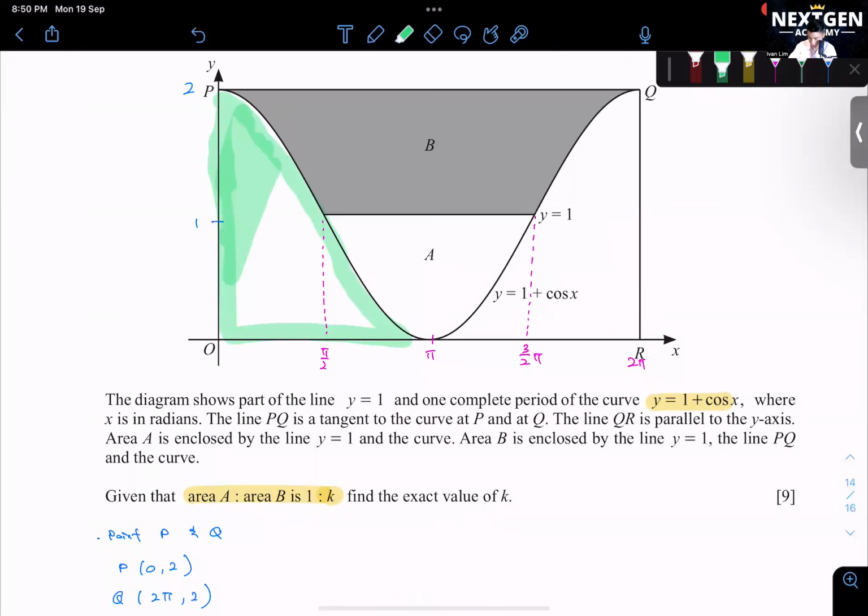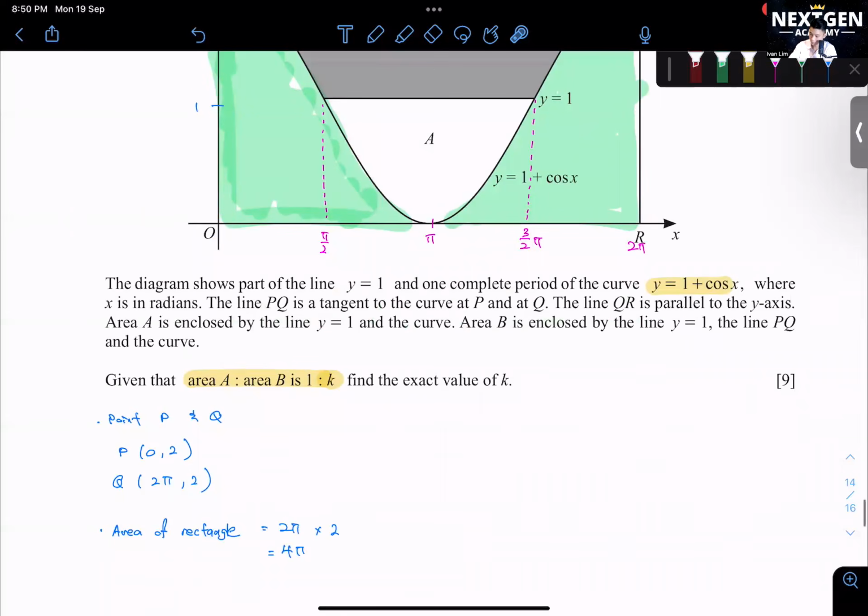So I find the area here and then the area here. Why do I want to find these? Because I want to take the rectangle minus off these so I can get area A and area B together.